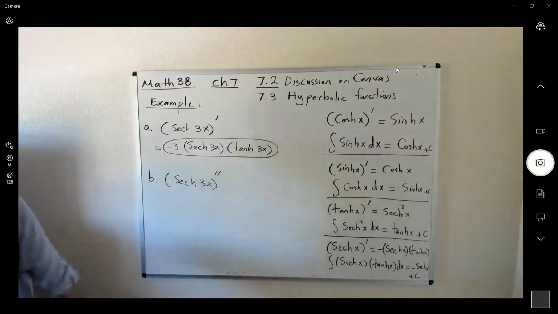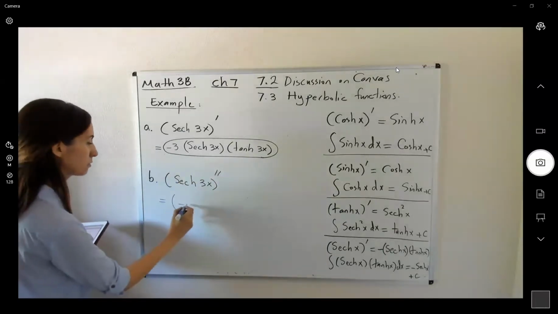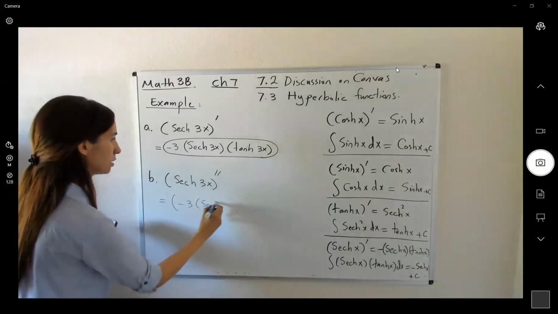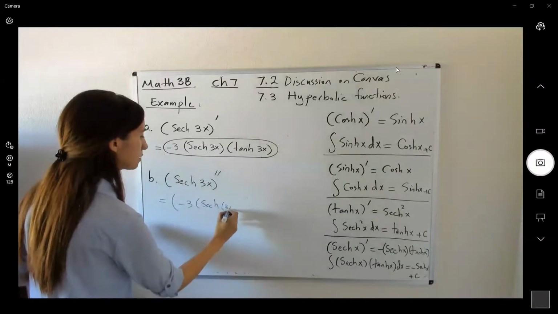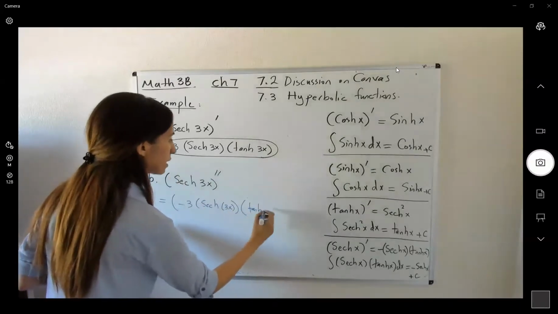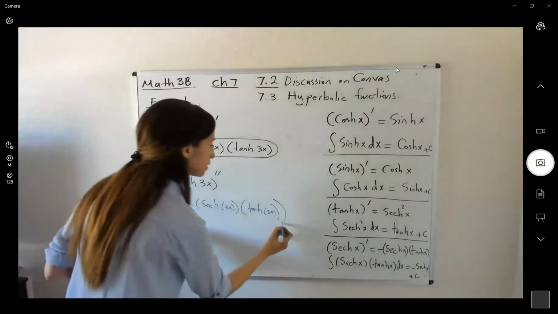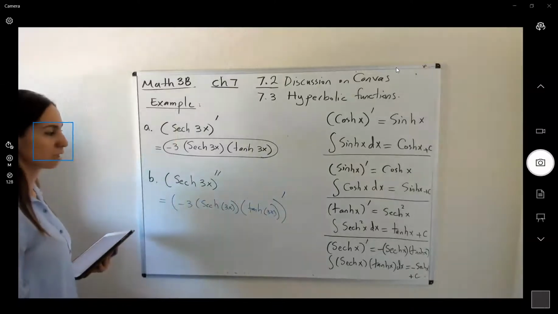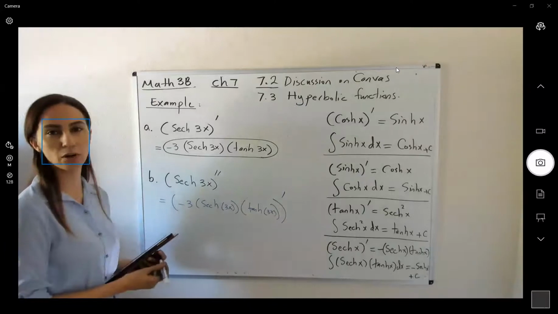It is the derivative of negative 3 hyperbolic secant 3x times hyperbolic tangent 3x. We are taking this derivative. Here you have the product of two functions. You have to apply product rule.